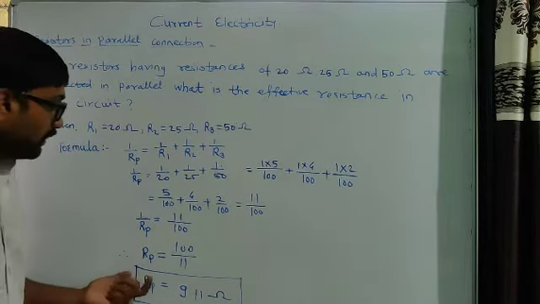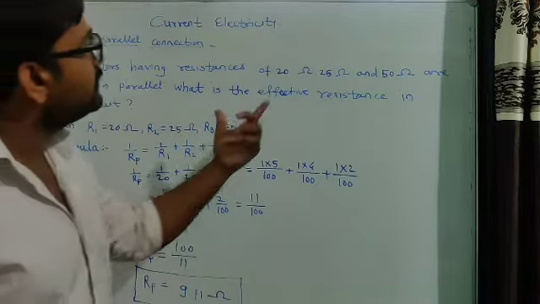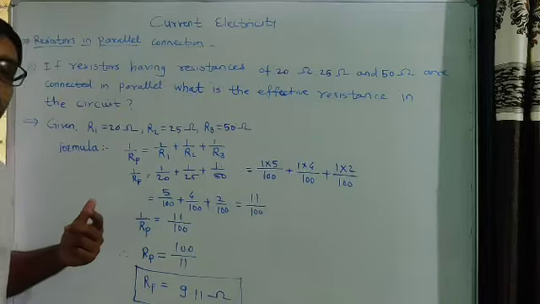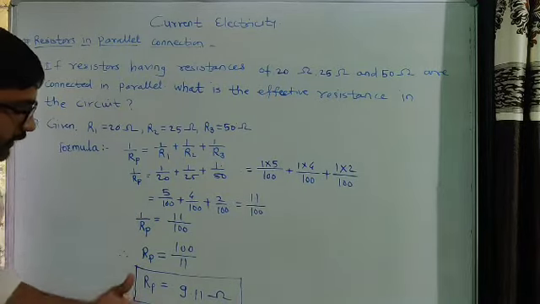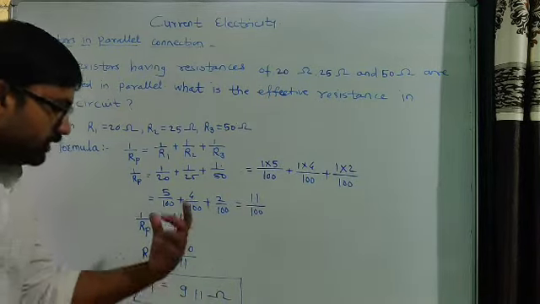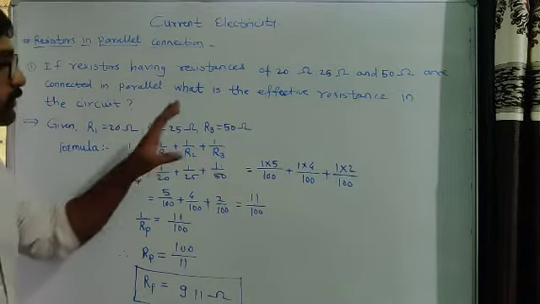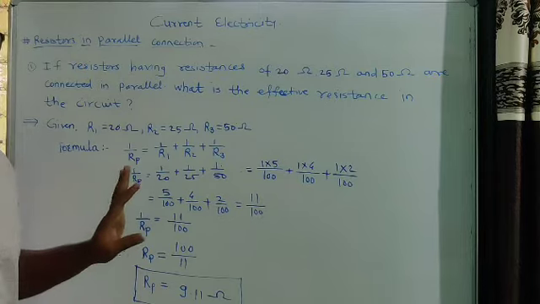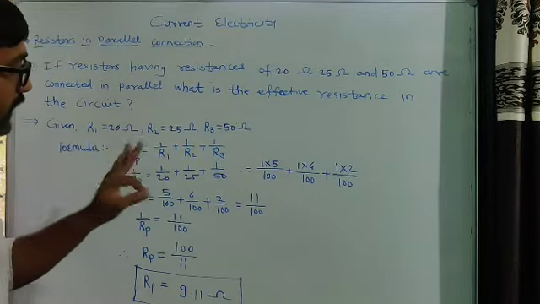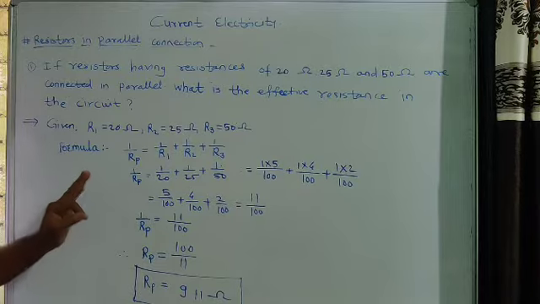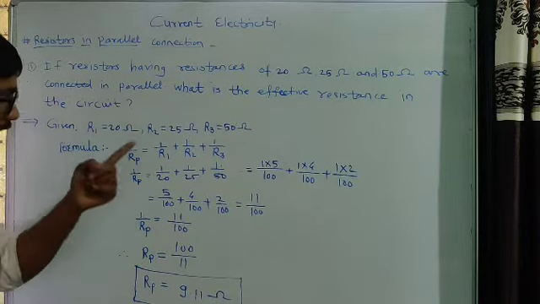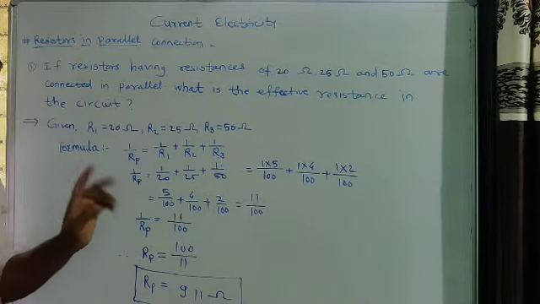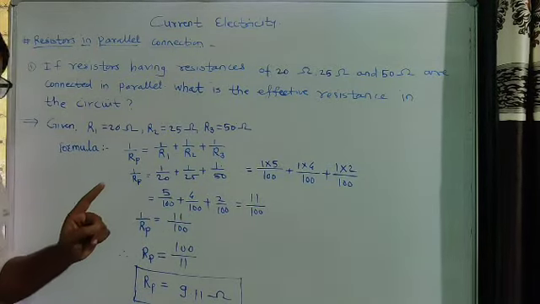Okay, so when we connect these three resistances of 20 ohm, 25 ohm and 50 ohms in a parallel connection, their equivalent resistance will be 9.11 ohm. In such a way we have to solve the problems of resistances in parallel. Here we only have to remember the steps of problem solving: first the given formula, then we put the values of R1, R2 and R3 in this formula.